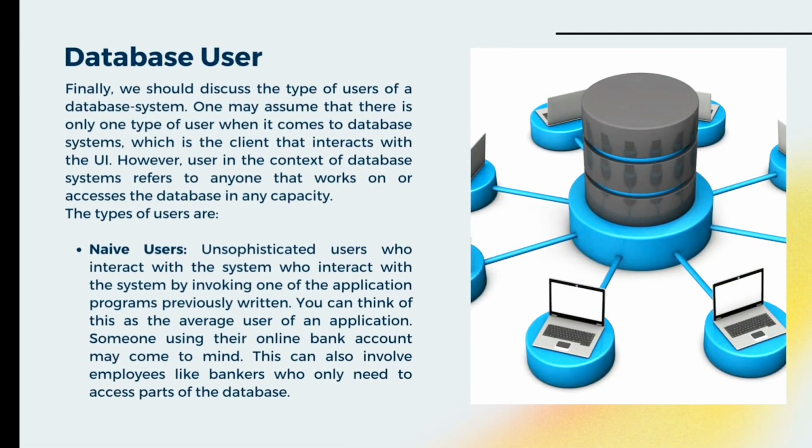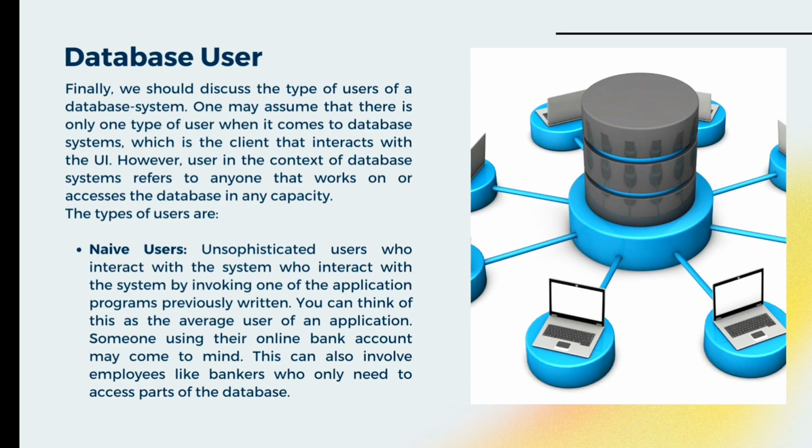Database users. Finally, we should discuss the type of users of a database system. One may assume that there is only one type of user when it comes to database systems, which is the client that interacts with the UI. However, user in the context of database systems refers to anyone that works on or accesses the database in any capacity.